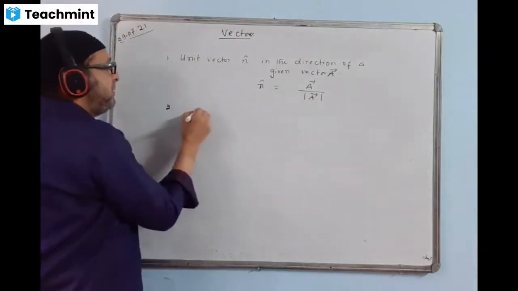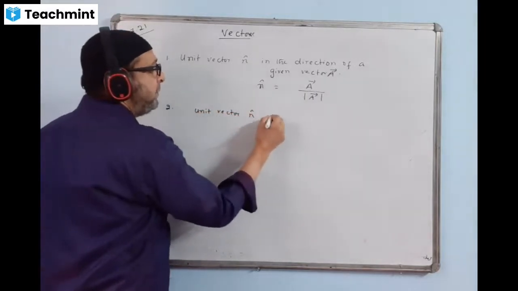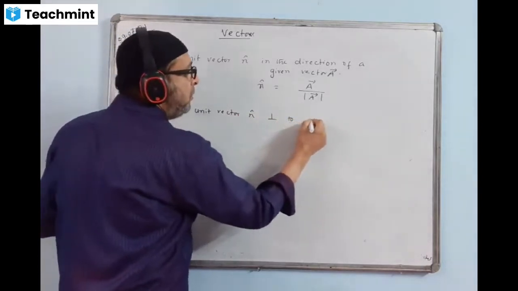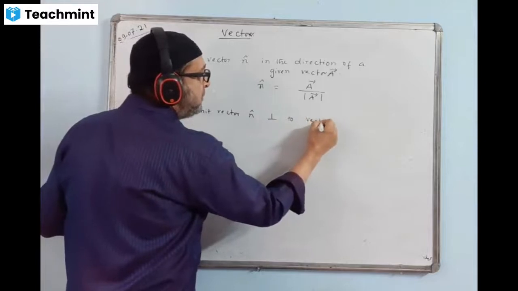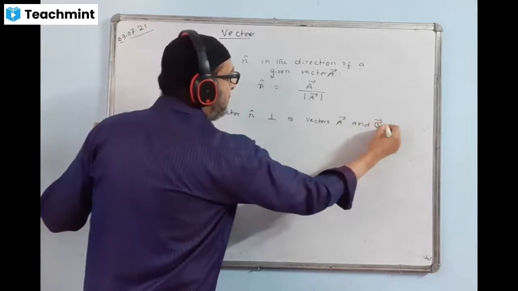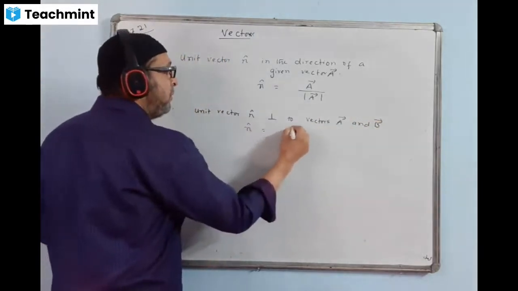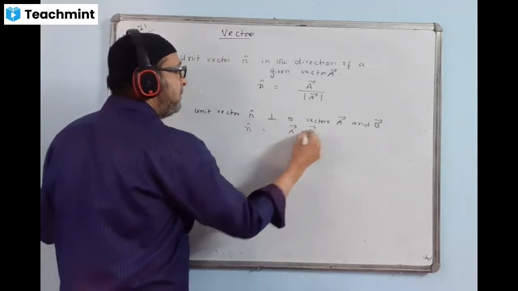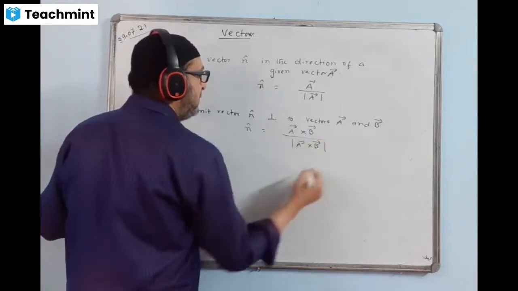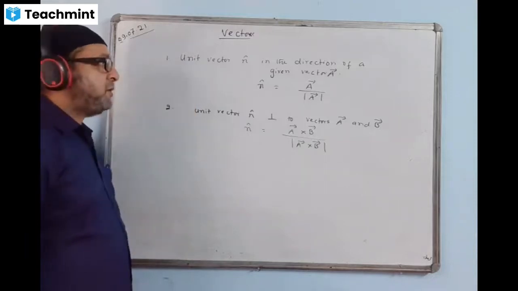The second unit vector is like this. The unit vector n cap perpendicular to two vectors A and B is given by this formula: n cap is equal to A cross B divided by magnitude of A cross B. There are two ways of finding unit vectors.